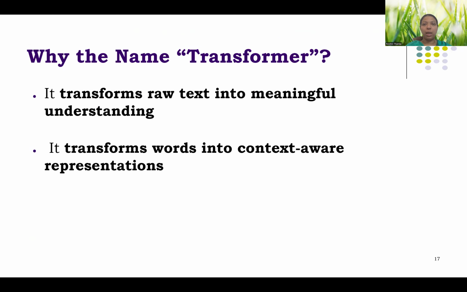Attention means it is able to have complete context understanding. That is the main advantage of this transformer model. It transforms raw text into meaningful understanding, not only short things. The entire context understanding will be there. That is why we call it a transformer. It transforms the words into a context-aware representation. The full understanding of the context will be there.